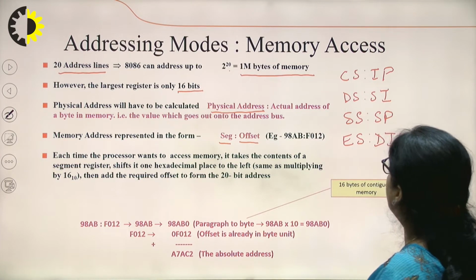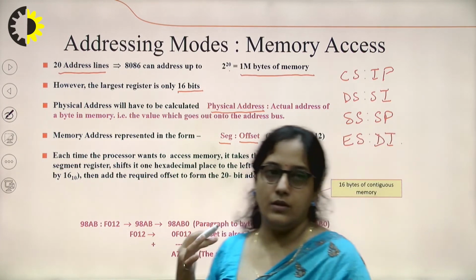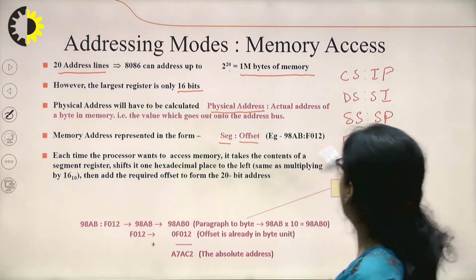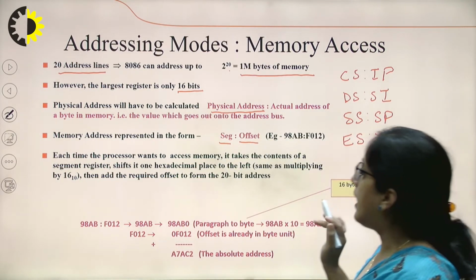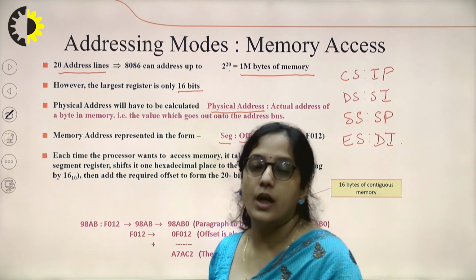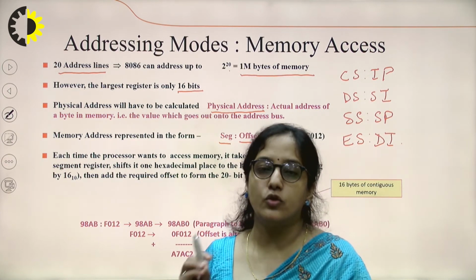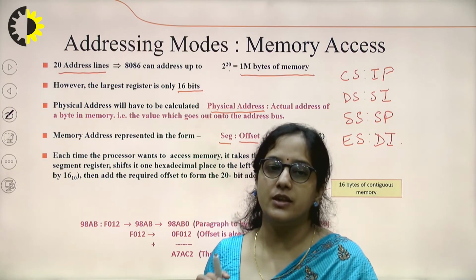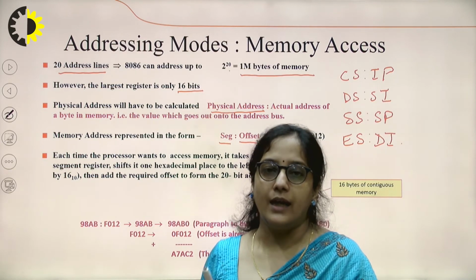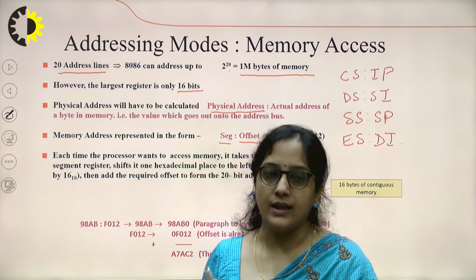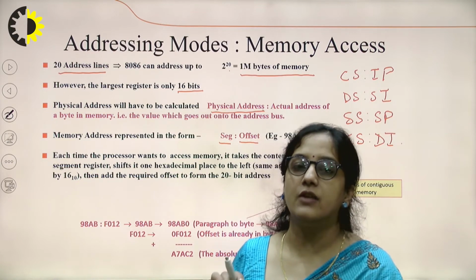This is the default memory address nomenclature we are using. Now, if we have to access some memory, how is it going to be accessed? The microprocessor will access memory through the bus interface unit, and in the bus interface unit we have address generation circuitry.